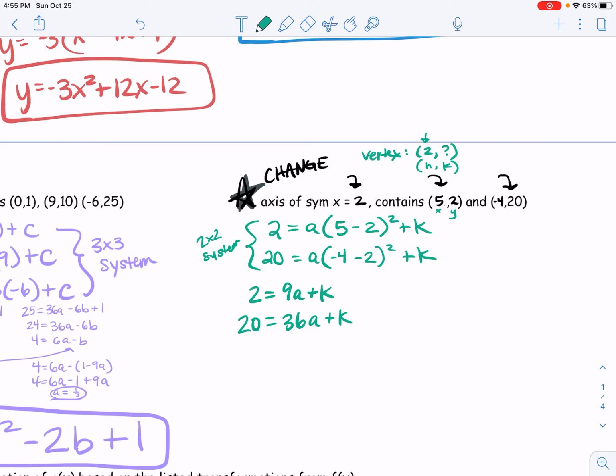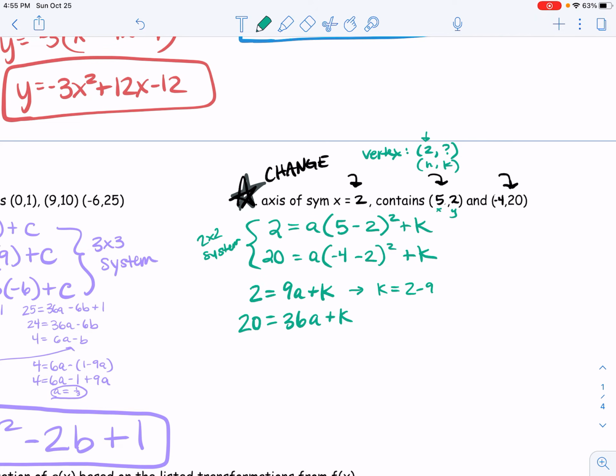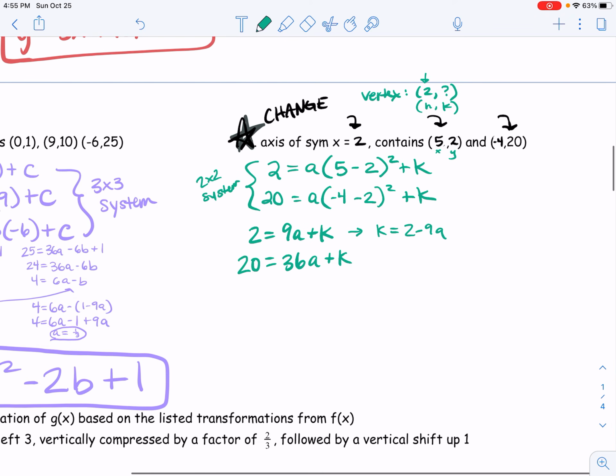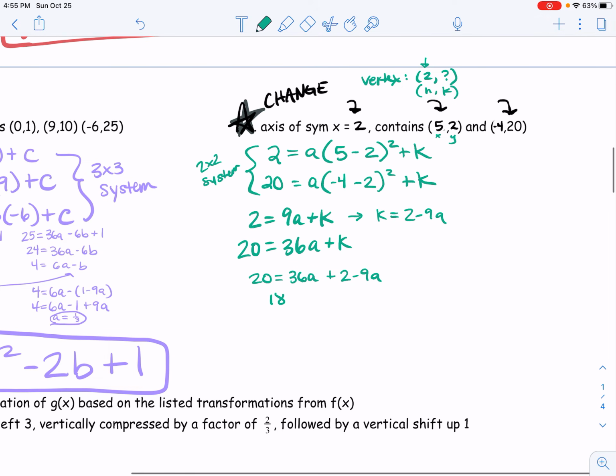I'm going to solve this first one for k. So k is going to be 2 minus 9a. I'm going to plug that in. So this would be 20 equals 36a plus 2 minus 9a. So this is going to give me 18 equaling 27a.